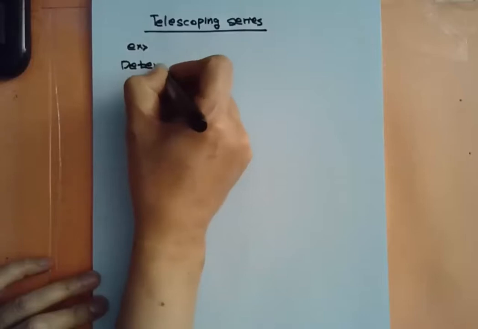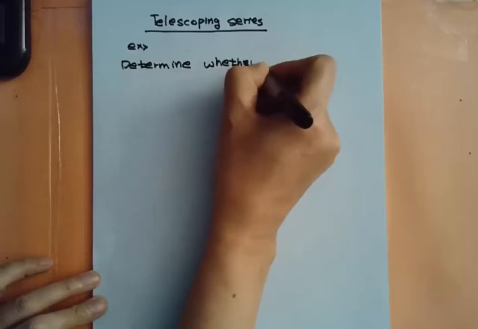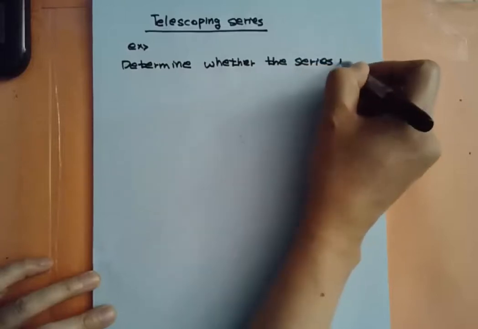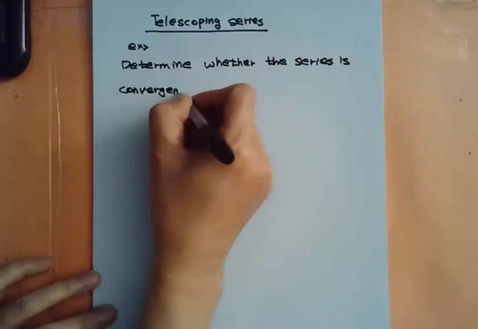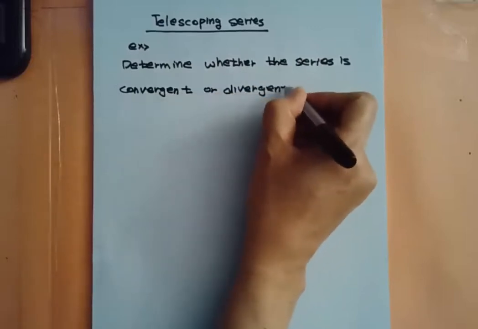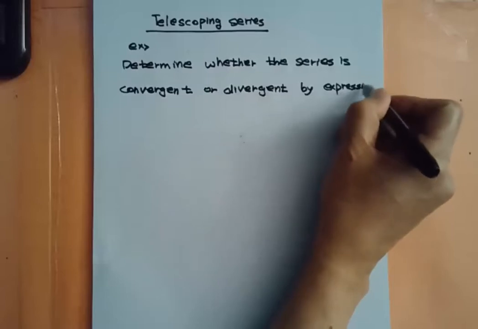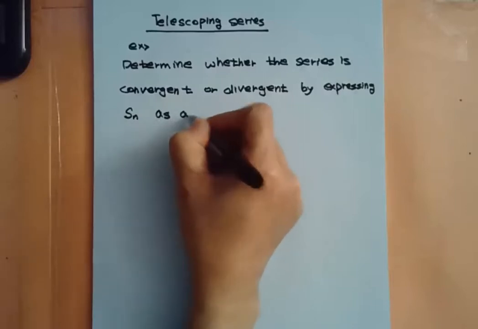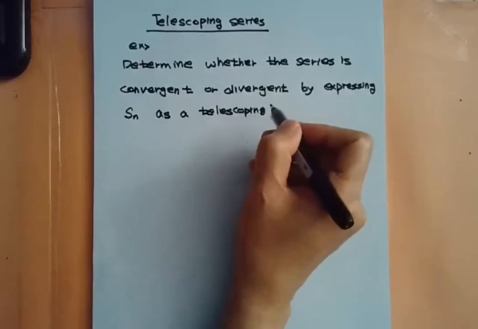The problem is determine whether the series is convergent or divergent by expressing the partial sum Sn as a telescoping series sum.